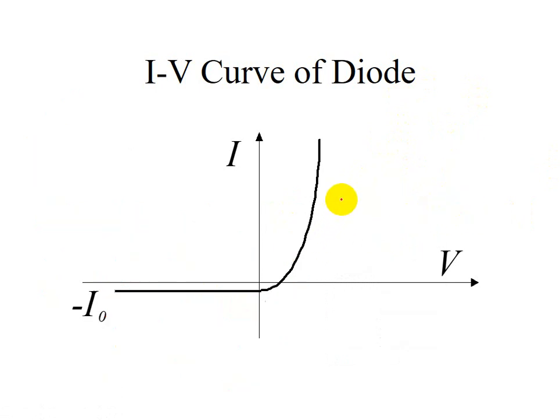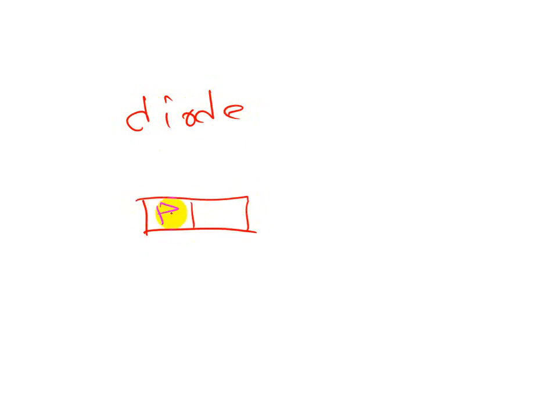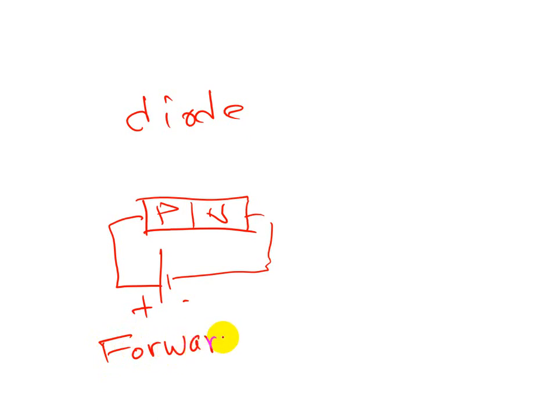Let's make a conclusion here. A diode is a P-N junction. When the P connects to a positive charge area and the N connects to the negative charge area, this is called forward bias, and current goes through.